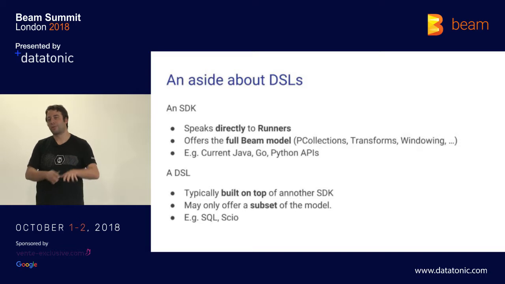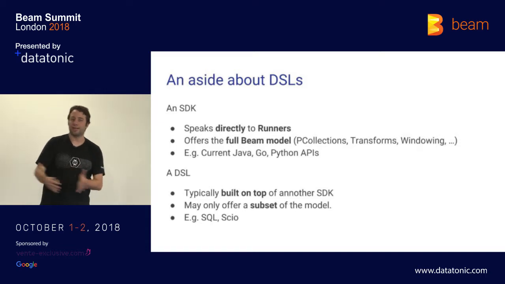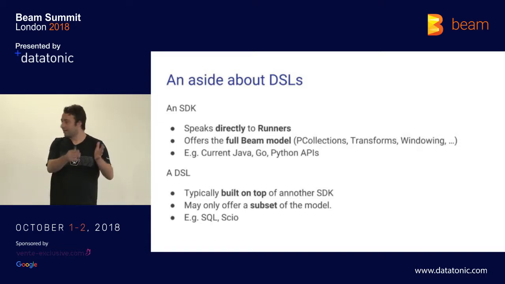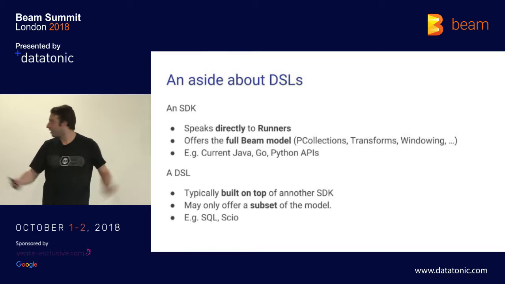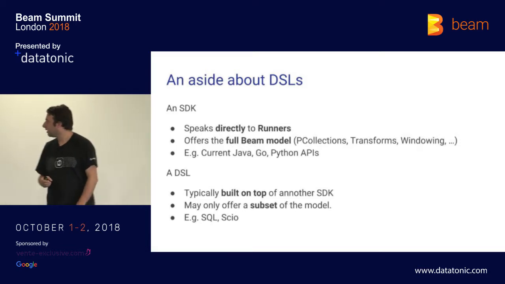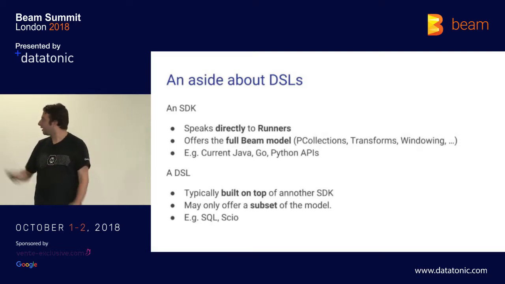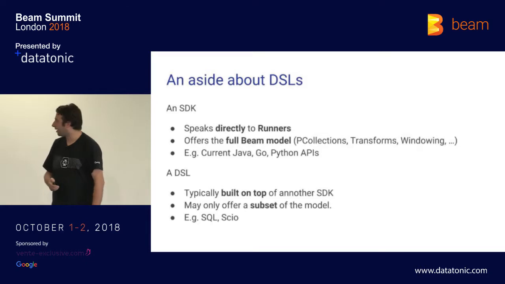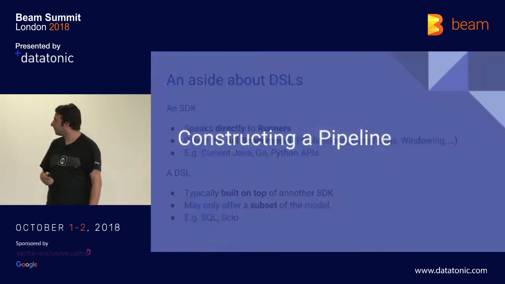Possibly, there's lots of cases where when you subset the model, it's actually easier to provide a consistent user interface. It's easier to provide support. Possibly, you can guide the user more directly into the path that they want to go by cutting off options. And some of the examples we have here are SQL and Scio. And that doesn't mean that it's really an either-or thing. You can kind of have a mixture of both. But right now I'm going to be talking a little bit more about SDKs than DSLs.